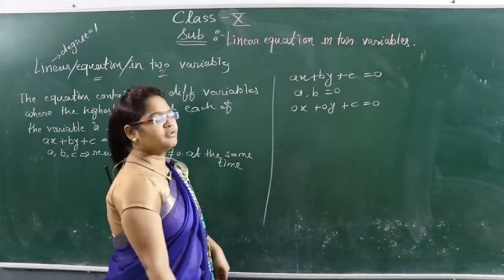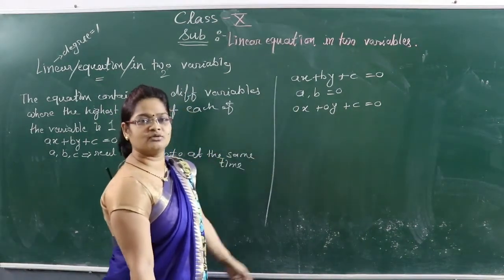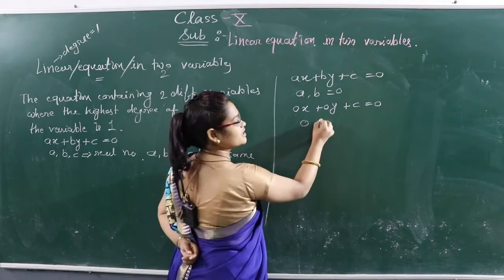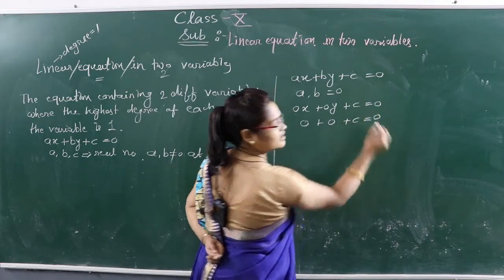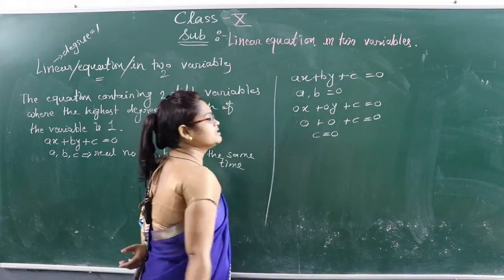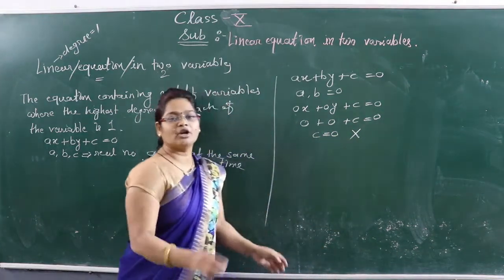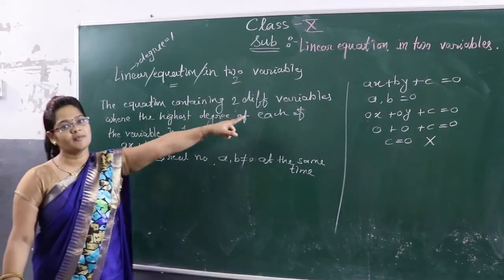We know that if we multiply 0 by any number or any alphabet, we get the answer as 0. So 0 into x equals 0, 0 into y also equals 0, plus c equals 0. It means finally we get c equals 0, and this is not a linear equation in two variables, because the definition of a linear equation is that it should contain two different variables.